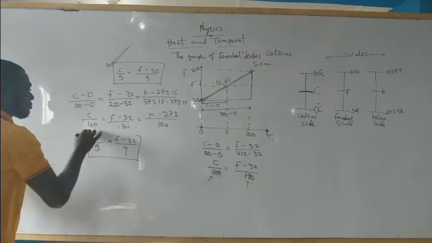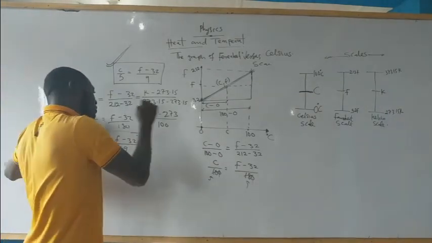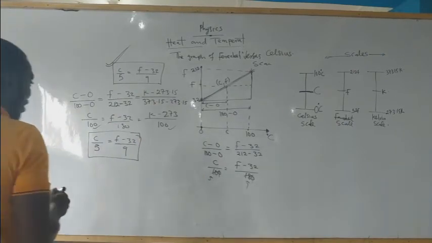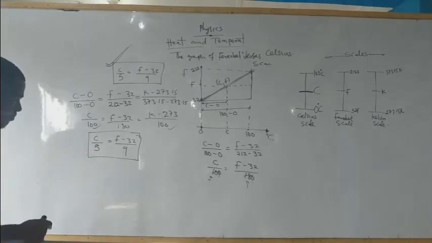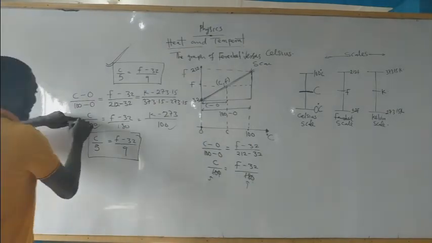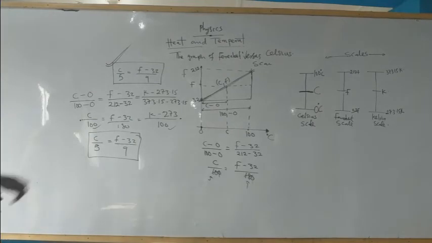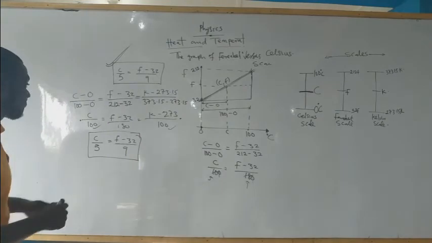That's for this. What about if you want to convert from Celsius to Kelvin? We can equate this to be equal to this, yes or no? Yes, this is equal to this, at the same time equals to this.